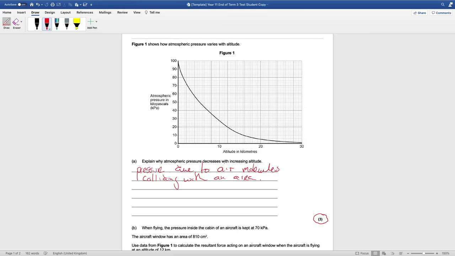Now it's important that when you're talking about collisions, you're not talking about collisions with each other.